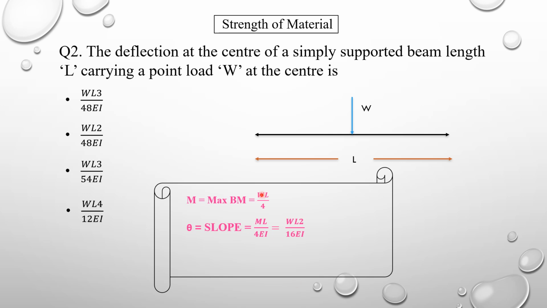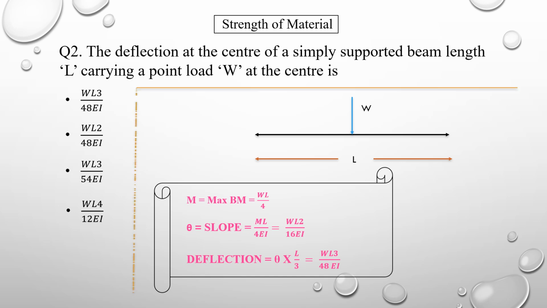Here just replace M with the maximum bending moment, so the slope is WL square divided by 16EI. Then next is deflection. Deflection is slope into L by 3. Therefore, the deflection for this beam is WL cube divided by 48EI. Option number one is the correct answer.